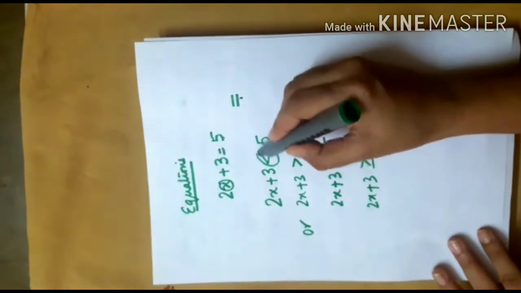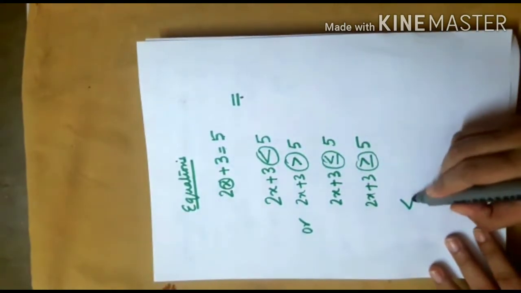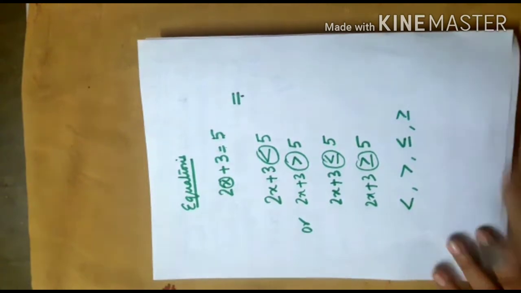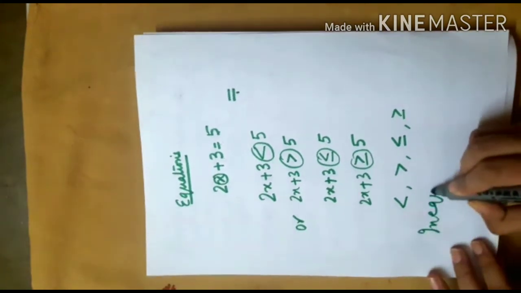So here these signs, that is less than, greater than, less than or equal to, greater than or equal to, are called signs of inequality. So today we are going to study inequalities.